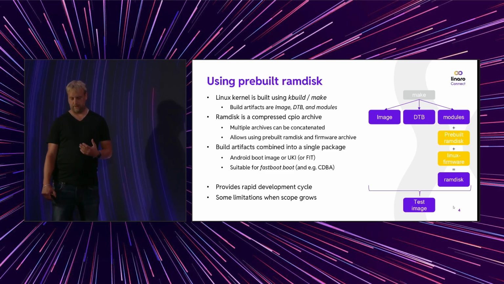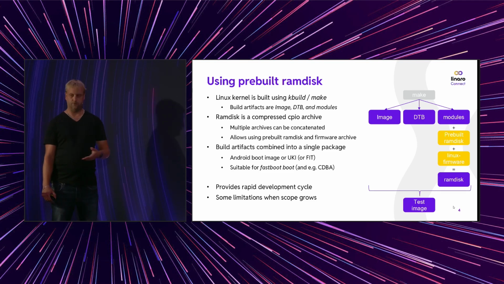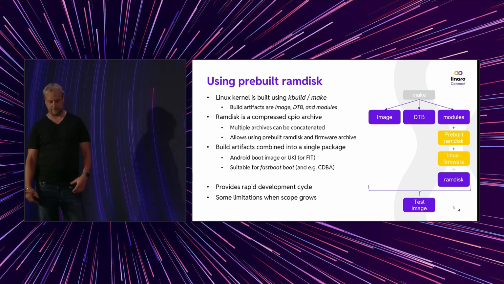So what that gives us is that by nature we can concatenate multiple such CPIO archives and stitch things together, which means that we can have a pre-built RAM disk with some sort of test user space, and then we can supply artifacts from the kernel, multiple of those, and stitch them together into a single package that we want to test or try out.